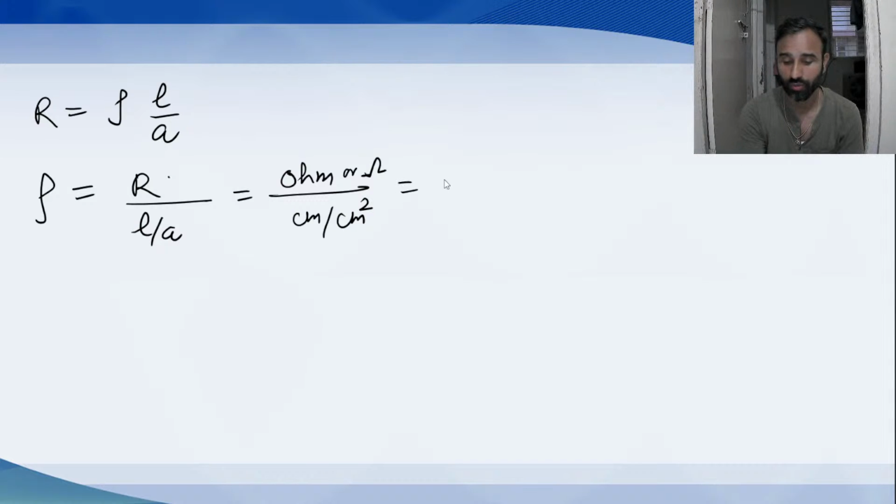So it is ohm divided by per centimeter, that is, centimeter square divided by centimeter, so it is ohm centimeter.